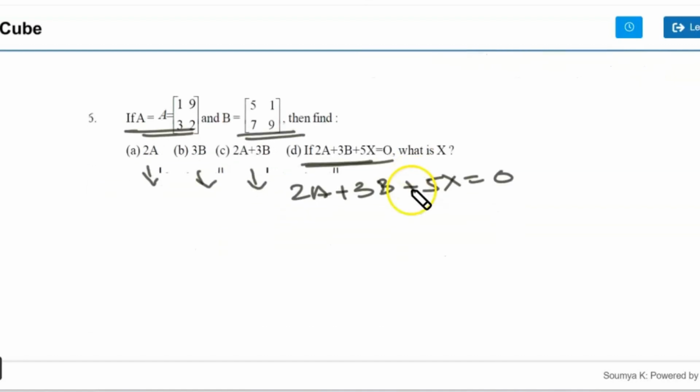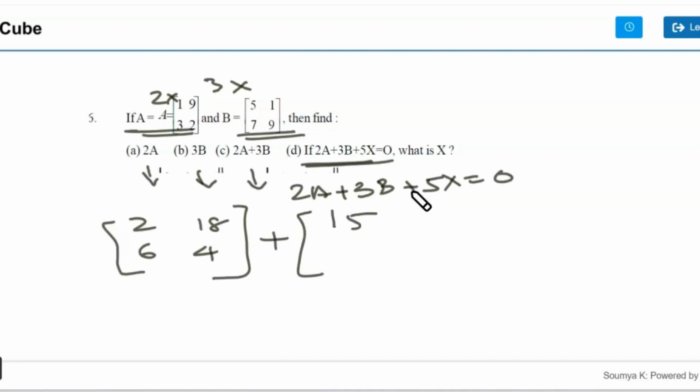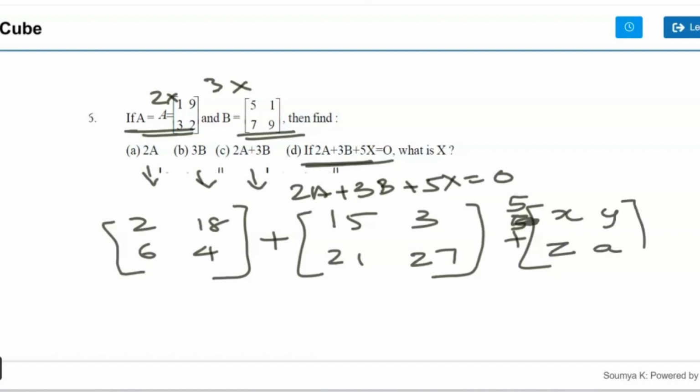Let's arrange it in a matrix form. So 2 of A gives you, multiplying each element of A by 2, then plus 3 of B, that is, plus 5 of X. Let's consider this matrix 5 of X. We can consider it as x, y, z and a, which will give you 0 here.